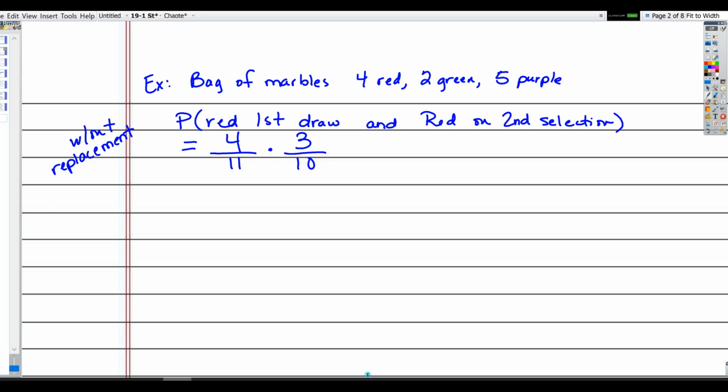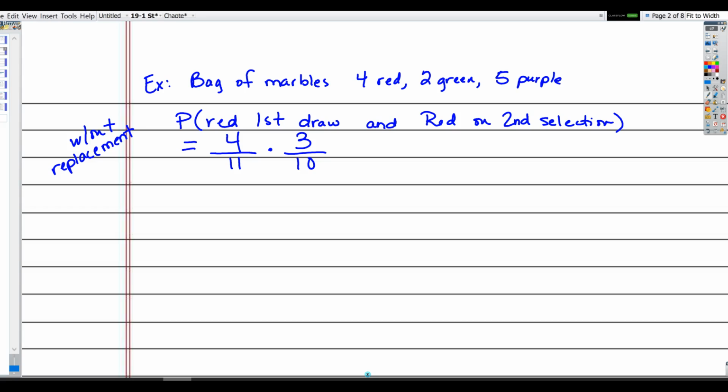Because we just got a red, what's happening with the second probability? It changes, doesn't it? These are not independent events. So anytime you take out something and don't put it back, the next event and its probability are going to be impacted by what just happened. That is not independent. Okay, so independence does not exist here.